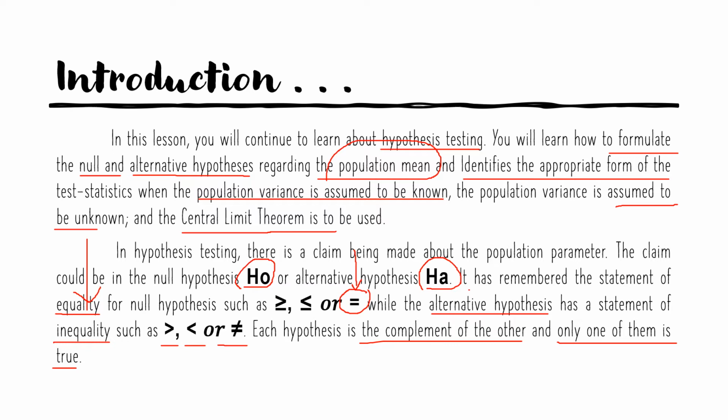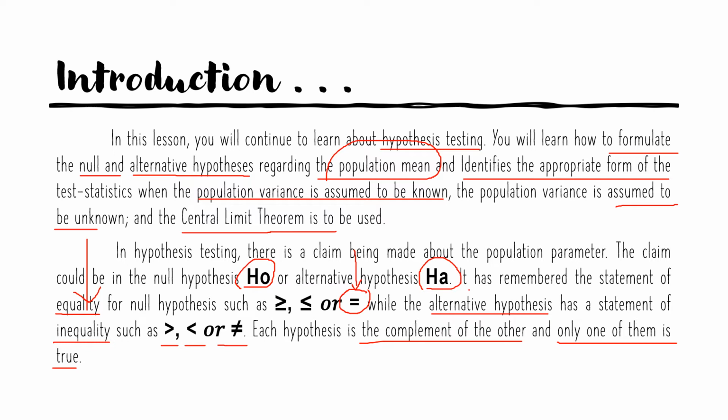So if, based on the test statistics, based on the values, we prove that your null is acceptable, then we're going to reject your alternative hypothesis. And if your null should be rejected, then we reject your null and we accept your alternative. But we cannot accept your null and alternative hypothesis at the same time.